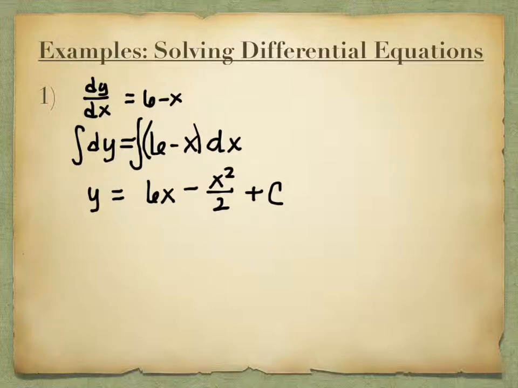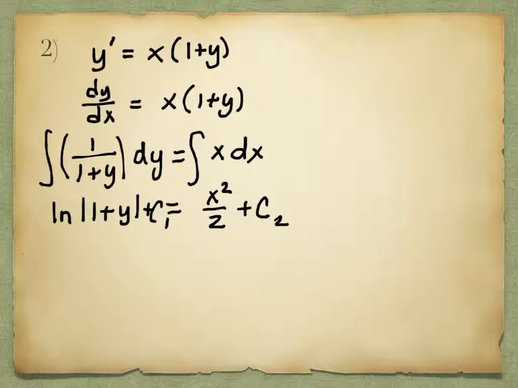When we took the antiderivative right here, I could say that this is 6x plus C1, and this is x squared over 2 plus C2, but in the end, I'm just going to add those two constants together anyway. Make sense? And that's a really good question because we're going to see something happen, even in this very problem, where you're going to see something a little bit different happening with those constants that you're mentioning.